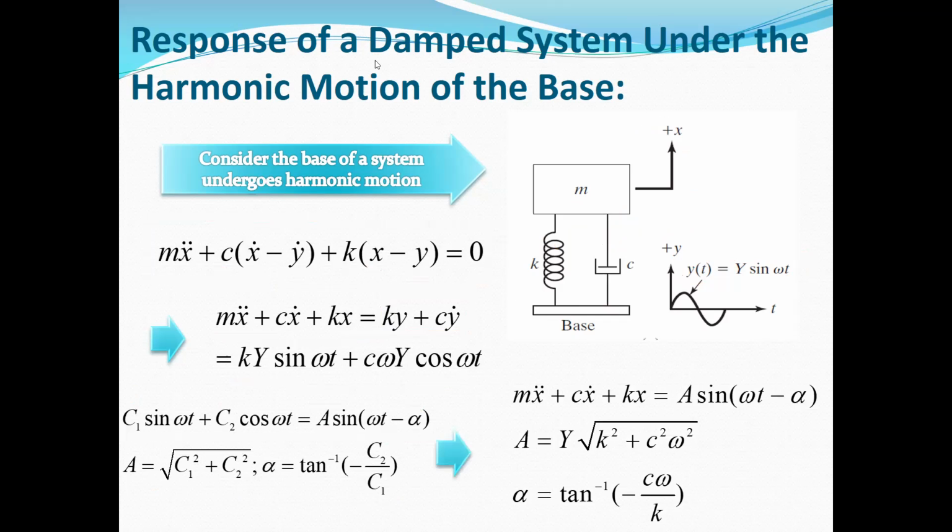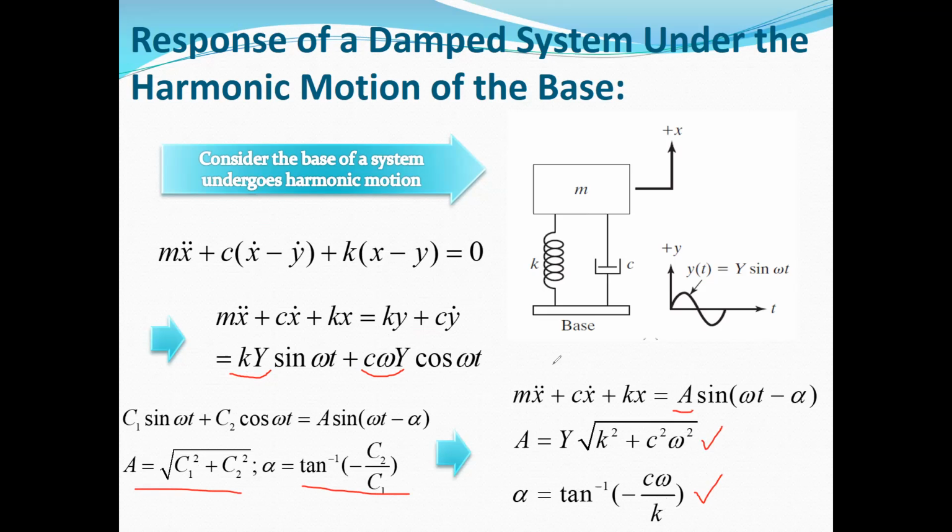If you substitute here, you can see that C1 is K times uppercase Y, and C2 is C omega Y. So instead of C1 and C2 in these two equations, we substitute from the non-homogeneous terms and simplify. So we will have the amplitude, which is this term, and the alpha or angle phase, which is tangent inverse of minus C omega over K.